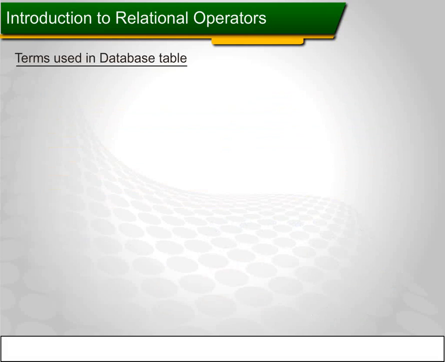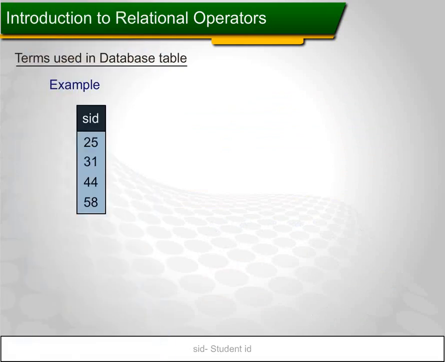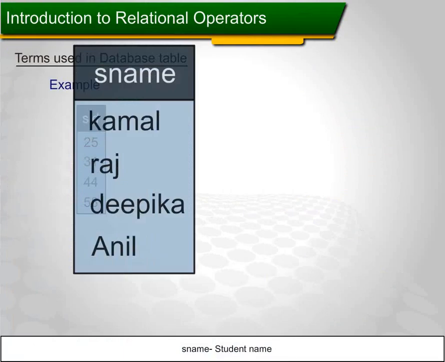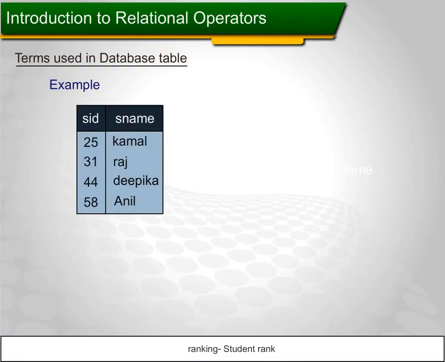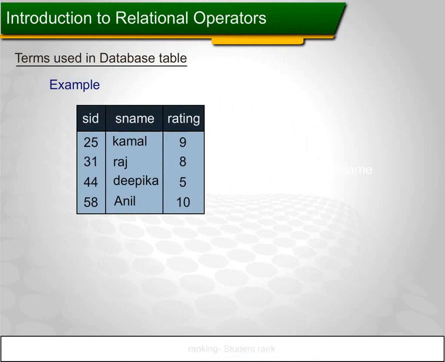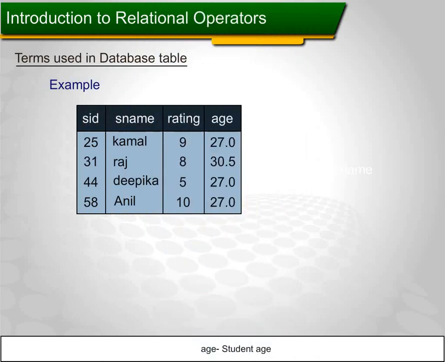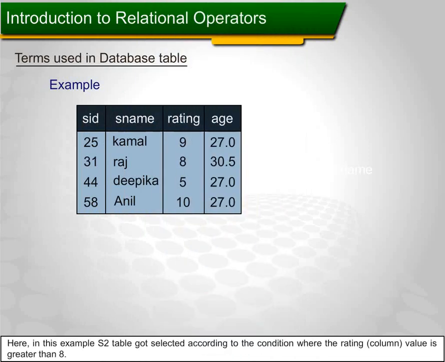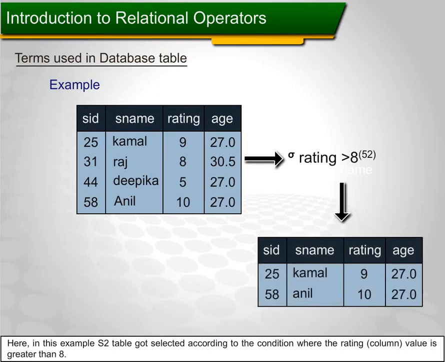Terms used in the database table: SID, student ID; SName, student name; rating, student rank; age, student age. Here in this example, the S2 table got selected according to the condition where the rating, that is the column value, is greater than 8.